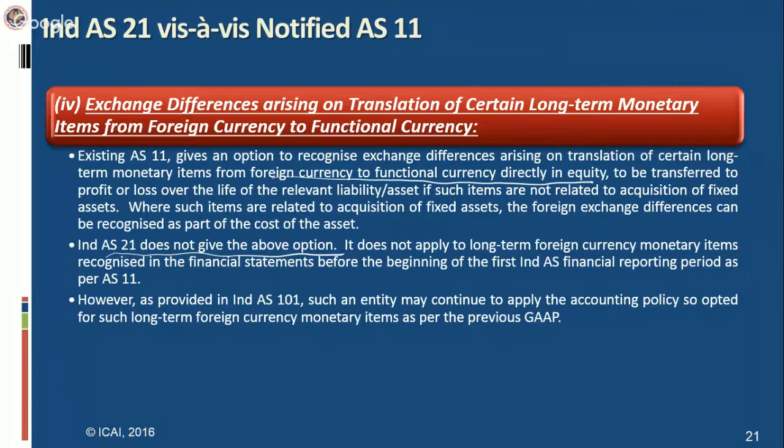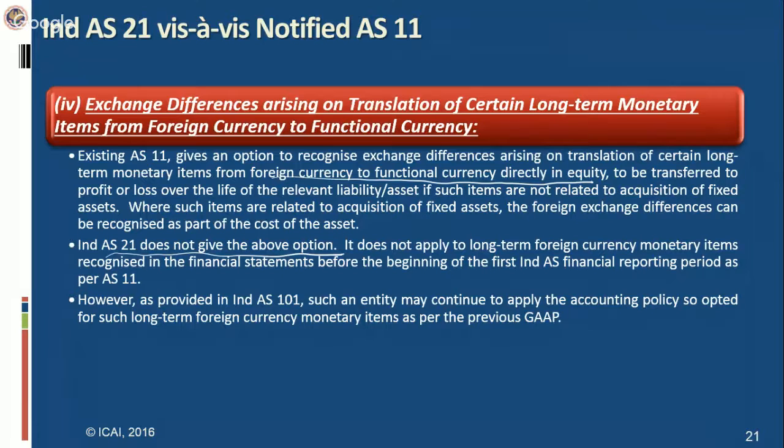It gives more elaborate accounting treatments, where we are given an option to account in alternative ways. But Ind AS 21 restricts us, and it does not give us any option for differences arising due to long-term foreign currency monetary items.